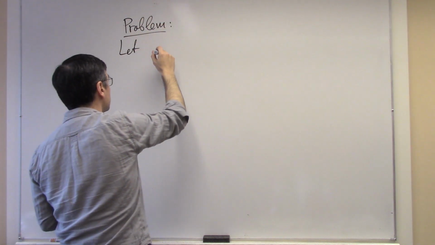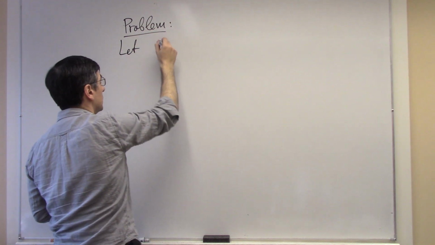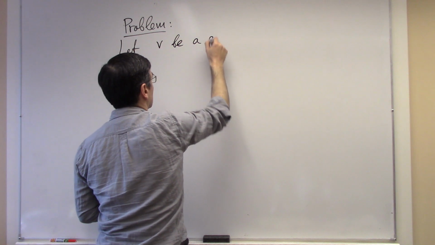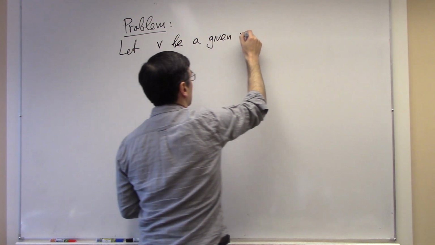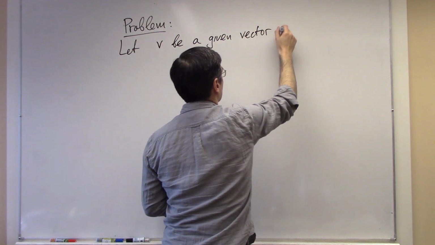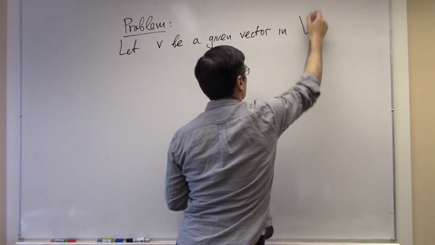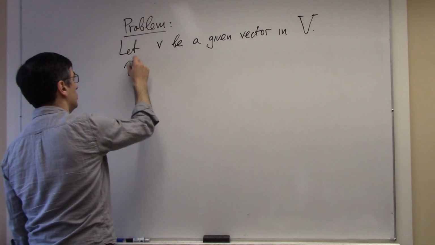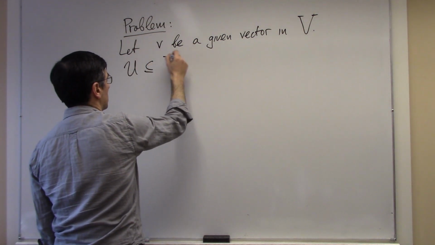Let V be a given vector in this vector space that we're working with, and U is a subspace.